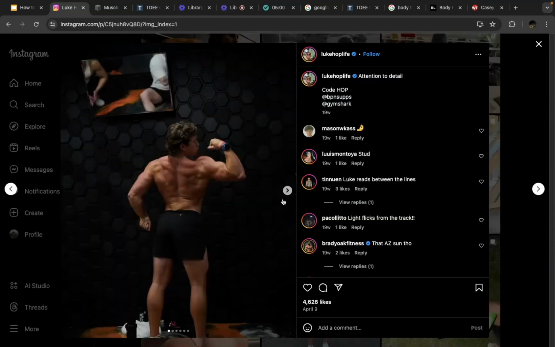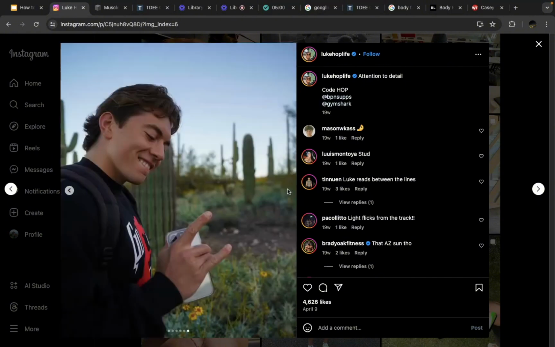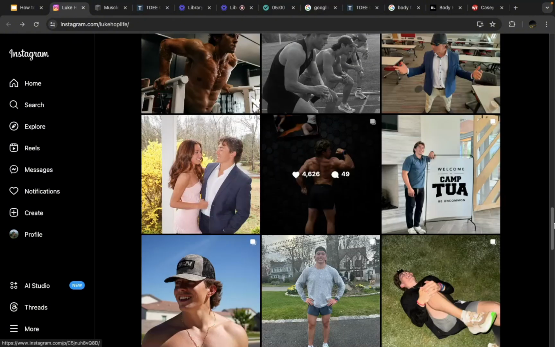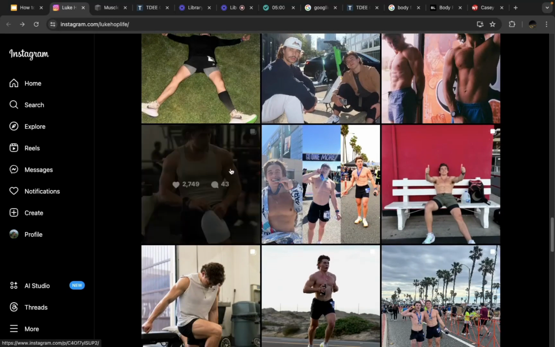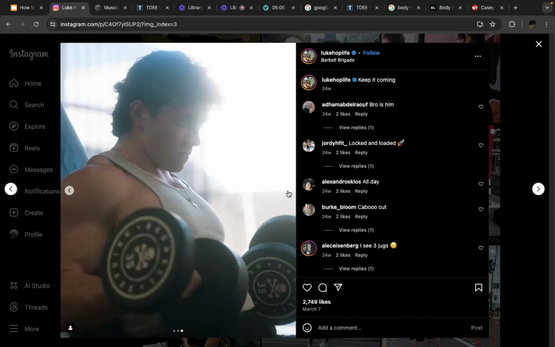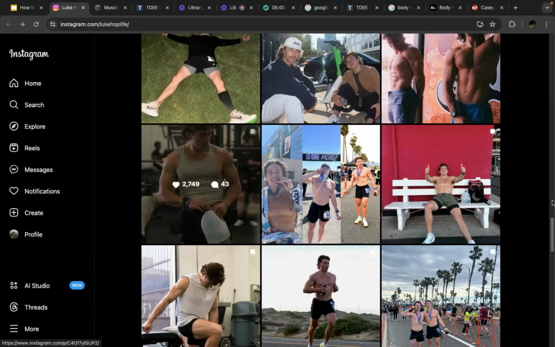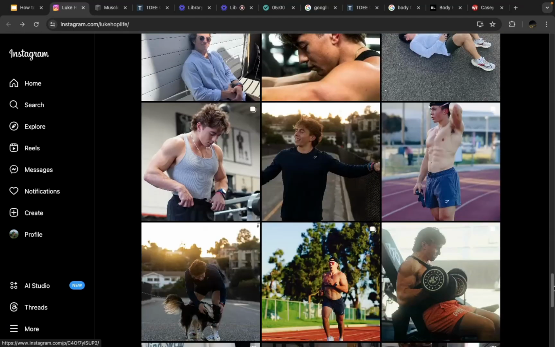You won't think of them as huge. You'll think of them as really, really fit, okay? When you look at this guy, you don't think, oh, damn, this dude's massive. He looks great, but you don't think he looks massive. You think, oh, this guy looks really, really fit. And that's the number one indicator that someone is natural.